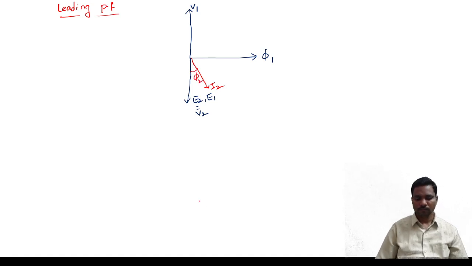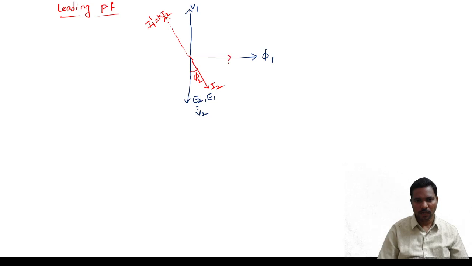I am extending this current in the other direction, and you will get I1 dash, that is equal to K into I2.